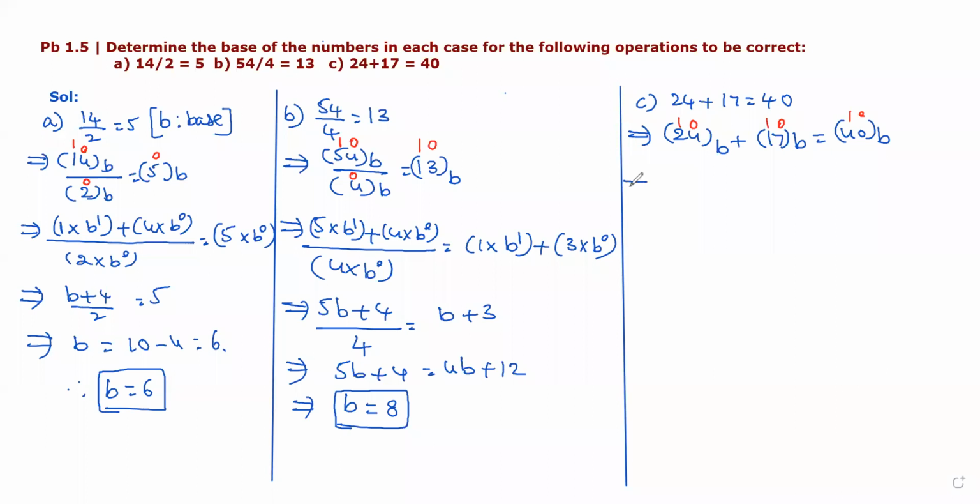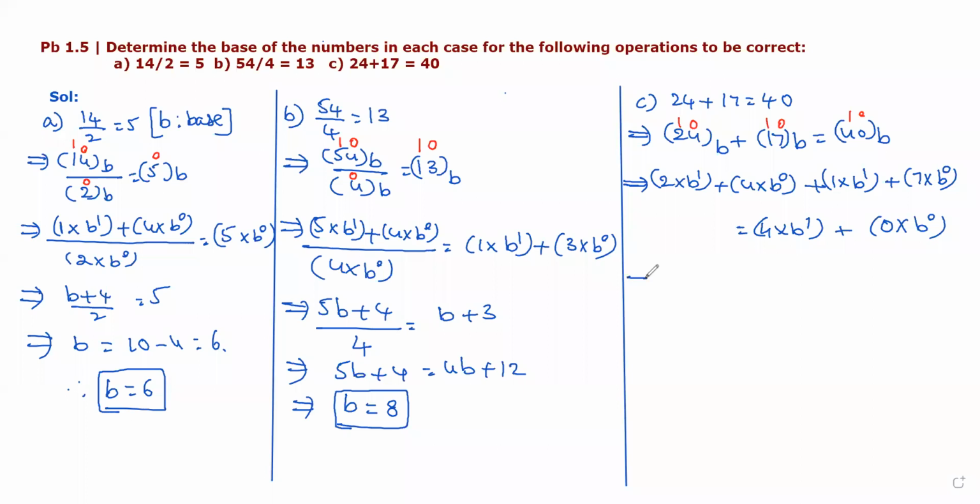Now we should expand this expression, that is 2 into b power 1 plus 4 into b power 0 plus 1 into b power 1 plus 7 into b power 0, which is equal to 4 into b power 1 plus 0 into b power 0.